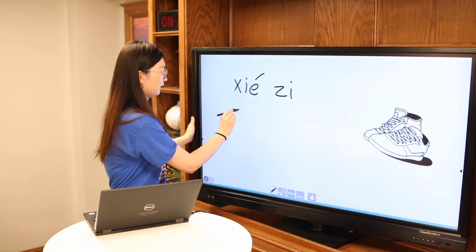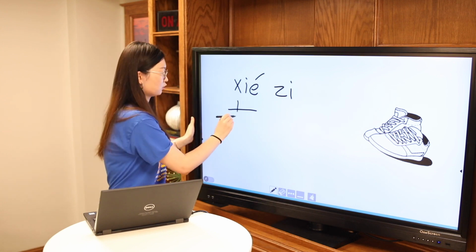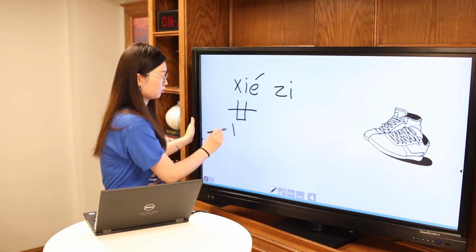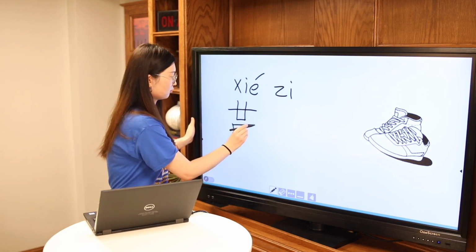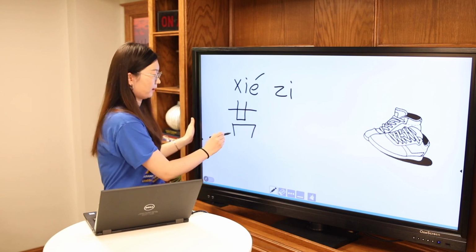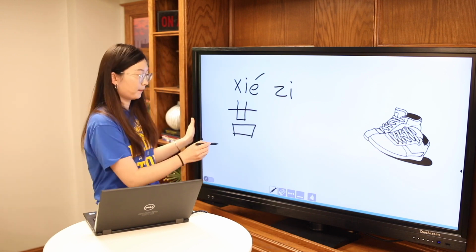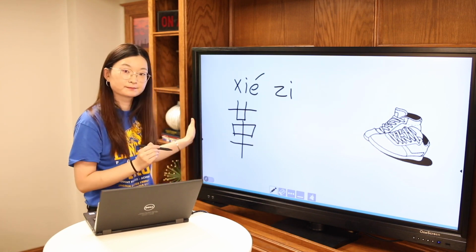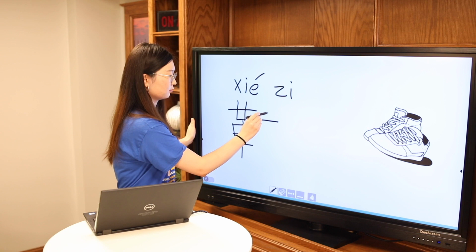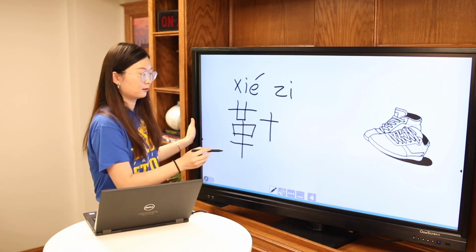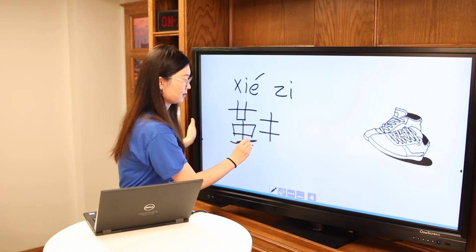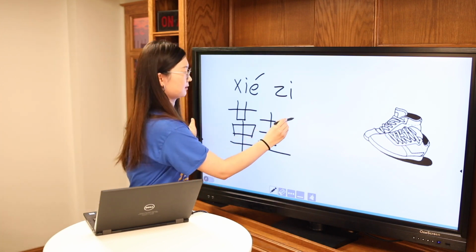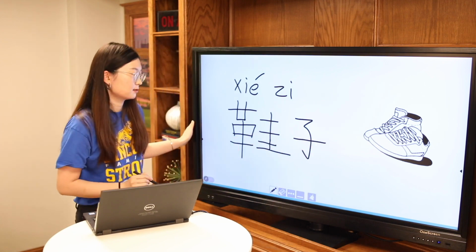together 横 竖横 竖 横竖 横 then 竖 横 竖 横 okay and then the same thing again 鞋 and then 子. 鞋子 shoes.